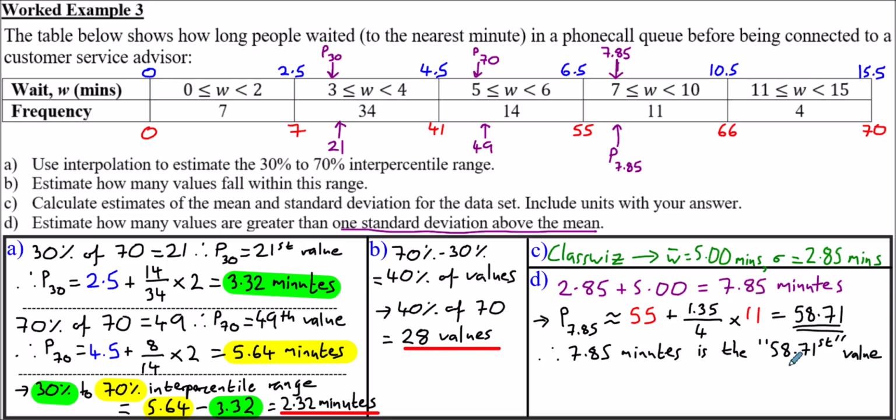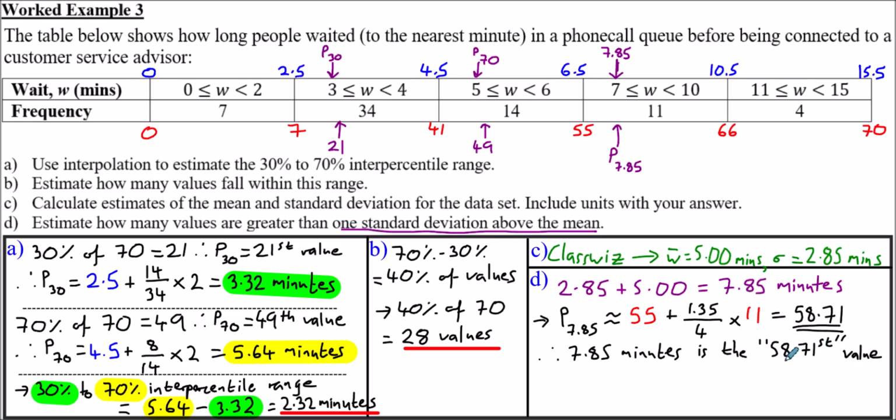At this stage, rather than just simply rounding up or rounding down, I think it's best to think of it carefully in terms of how many are above 58.71, how many are below? I'll then mention at the end the dangers of just simply rounding up and rounding down, and why that might not work. So the 58.71st value is the critical point.